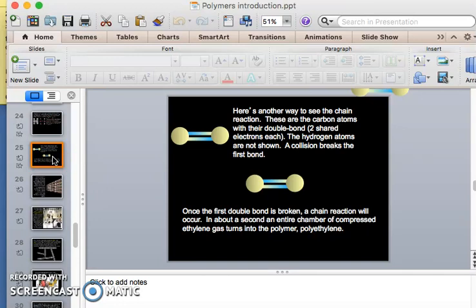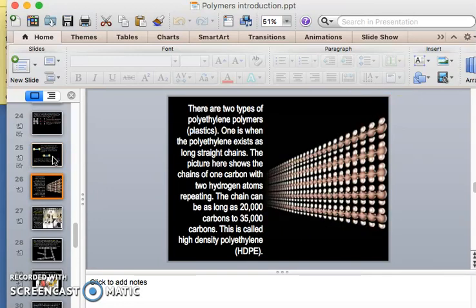So this bond shifts here, this bond shifts here, and the continuous shifting of the bonds to the next carbon results in polyethylene. So what does that look like? Something like this. It's a really long, structured arrangement of ethene molecules.